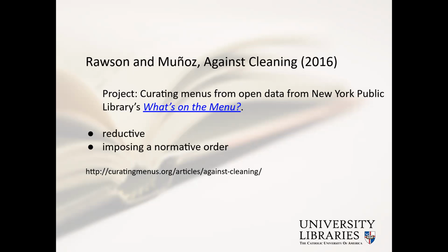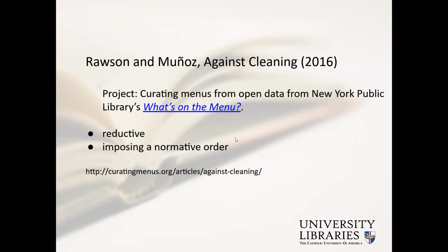And I think Rawson and Munoz, in their blog entry called Against Cleaning, which I highly recommend, talk about working with the New York Public Library's What's on the Menu, curating these menus. They have to make a whole bunch of decisions that ultimately lead to reductive points, or the imposition of a normative order that you have to worry about.